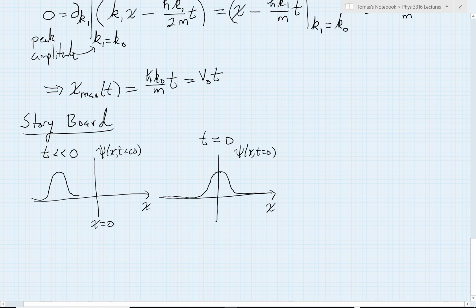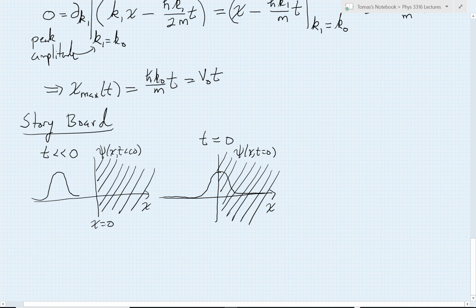So really what we see at locations x less than 0 at first is our entire packet, but at this point in time, all we see is the first half of this packet. Over here for x greater than 0, this is some sort of mathematical no man's land. There's just nothing there. It's all a mathematical fiction. So I'll just hash it out to remind ourselves of that fact.